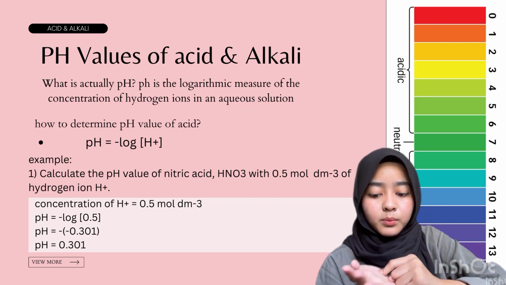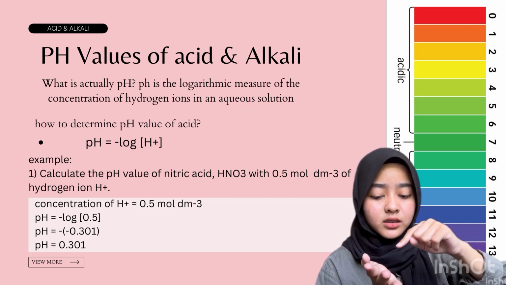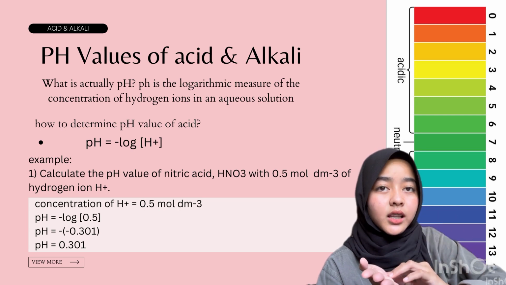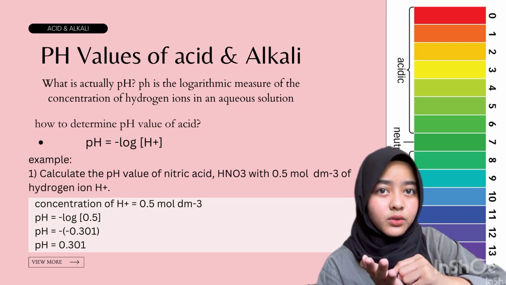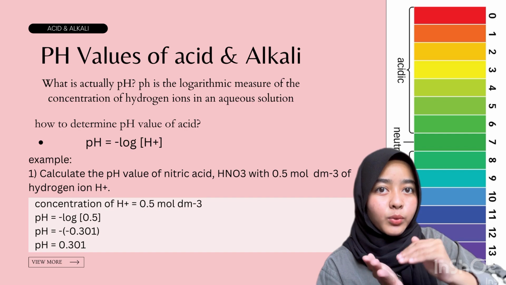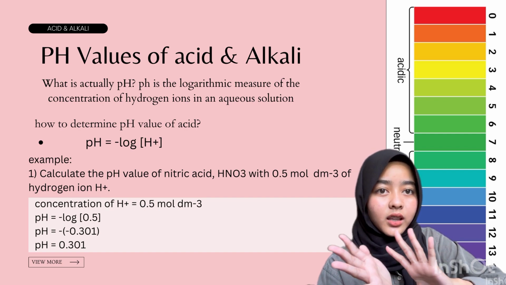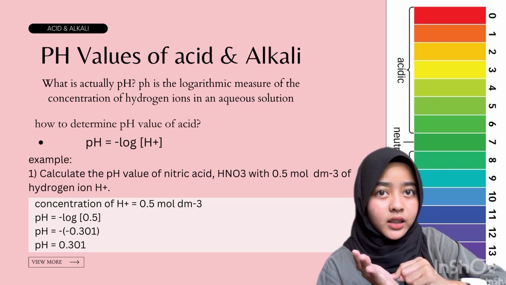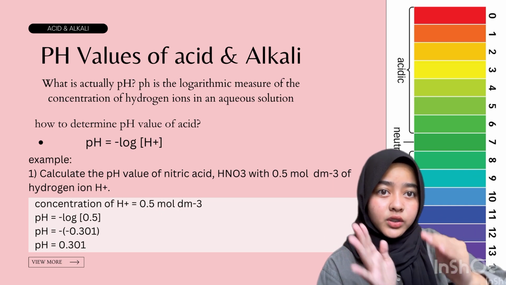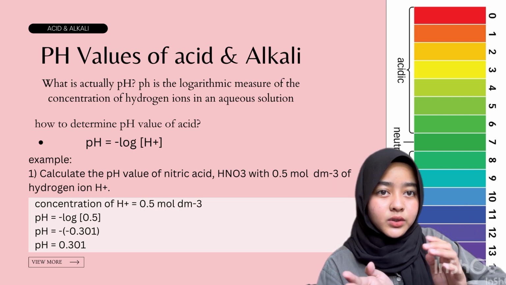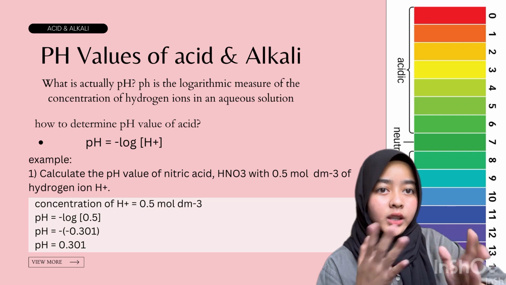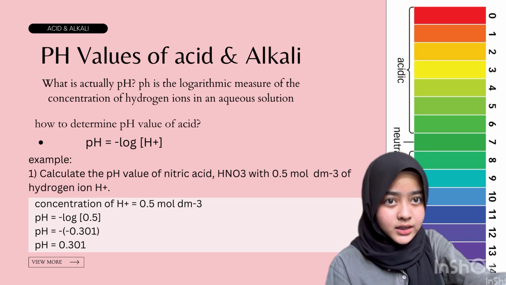So press the log and bracket 0.5. We will get negative 0.301, and then we will multiply the negative with the negative 0.301. We will get positive 0.301 for the pH value of nitric acid.